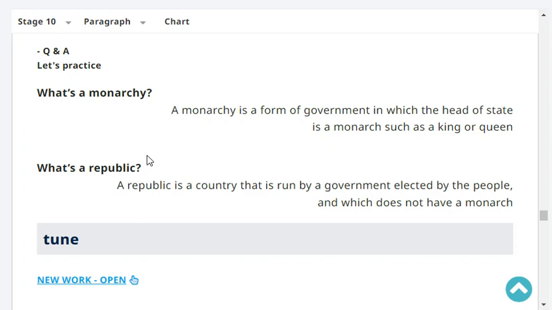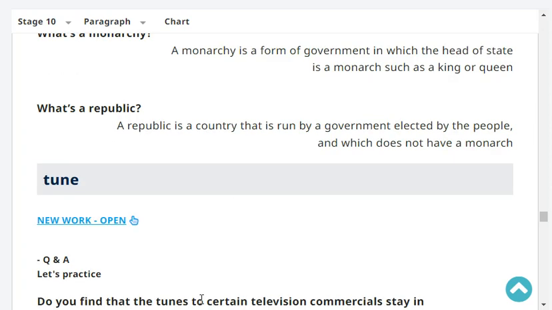What's a republic? A republic is a country that is run by a government elected by the people and which does not have a monarch. Very good.